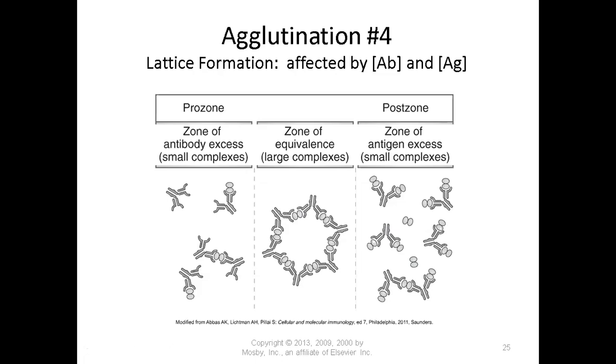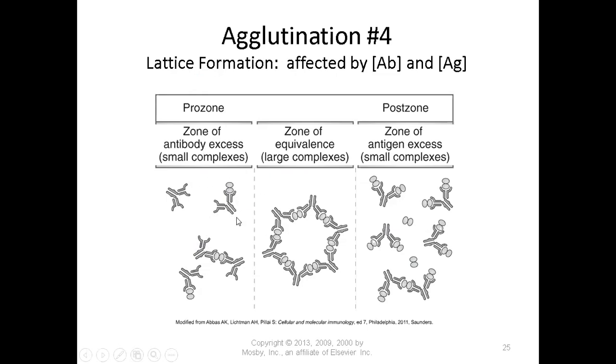However, when we have either too much antibody or too much antigen, immune complexes may have formed, but we may not be able to visualize them. Remember, this is affecting the second stage, lattice formation. So let's look at zone of antibody excess. When we look at this diagram, we see there is way more antibody present than antigen on our red cells.